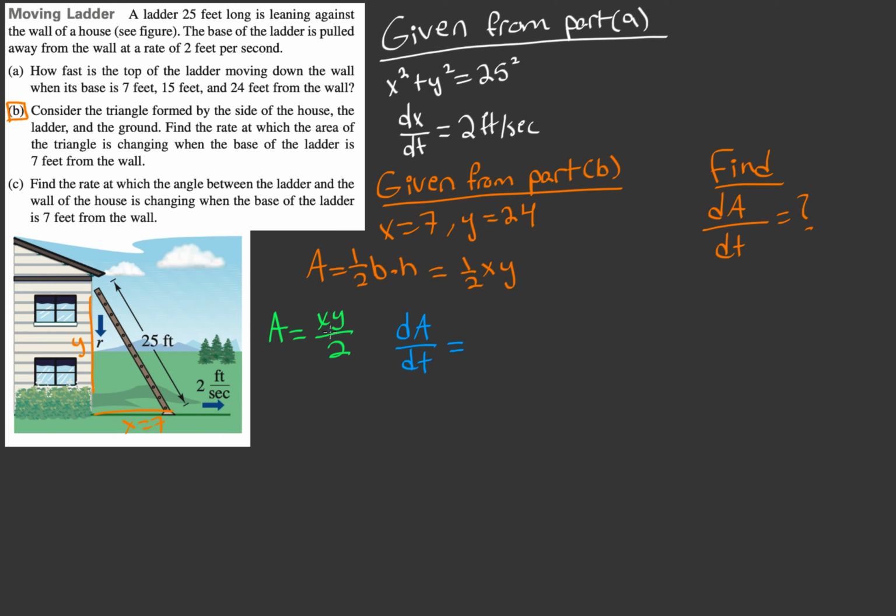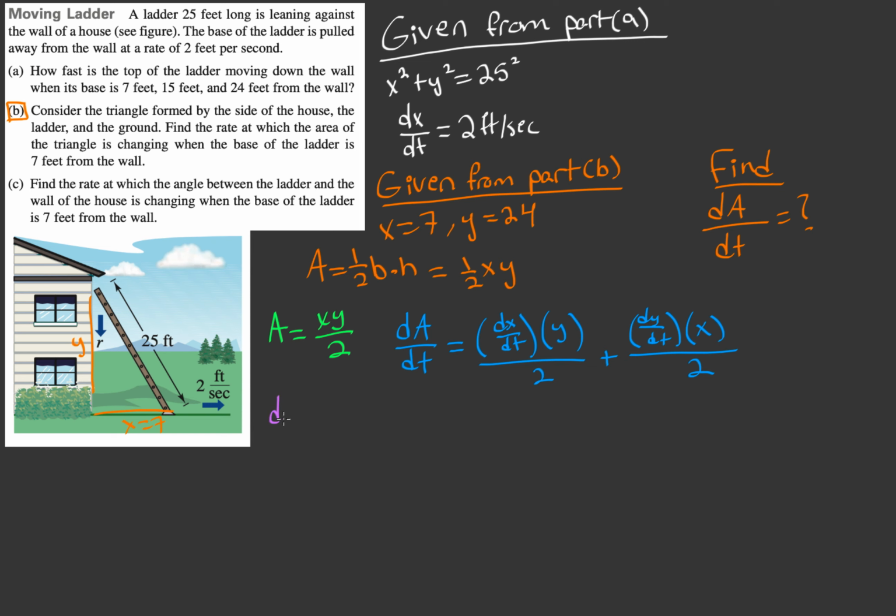So we get the derivative of the first times the second, so dx/dt times the second, which is y, all over 2, plus the derivative of the second, which is dy/dt, times the first, which is x, all over 2 as well. So we can actually find the solution from here, correct? Well, let's try that out. Let's start plugging in what we have.